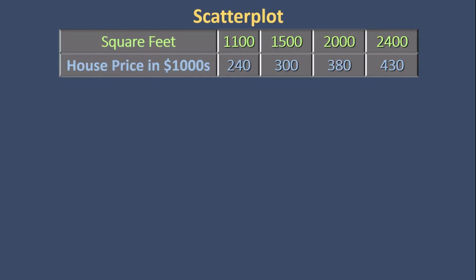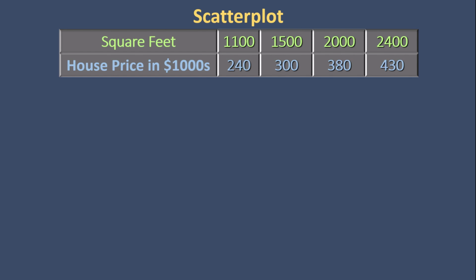Now let me explain the same example we discussed before. Here we have two variables, square feet and house price. We know that the house price depends on the size of the house. That means it depends on the number of square feet.